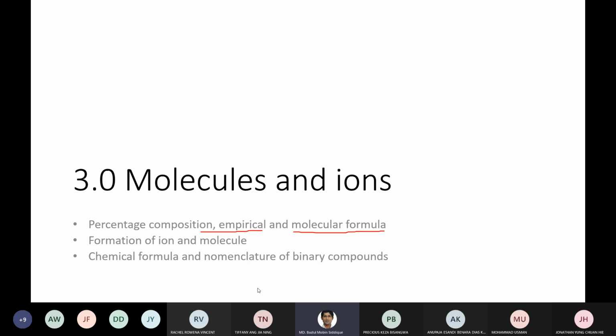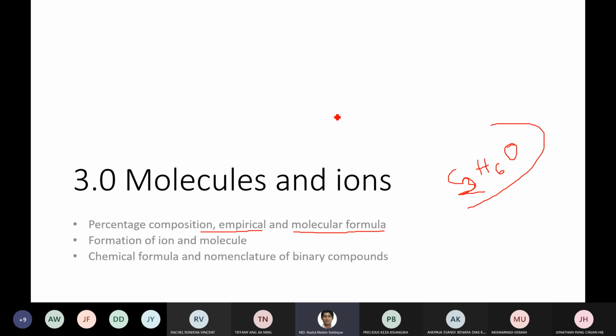terms mean there are two ways to express the structure of a molecule, right? And percent composition, we already have seen the percent composition, like how to find the percentage of an atom in a molecule, right? We have seen that C2H6O, right?